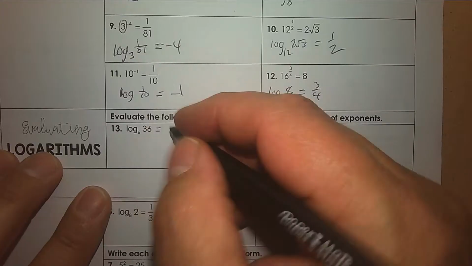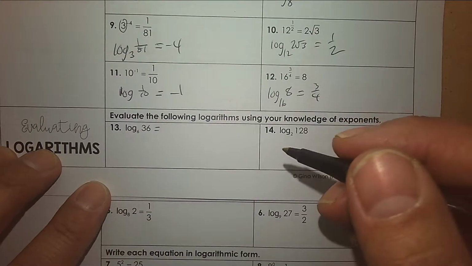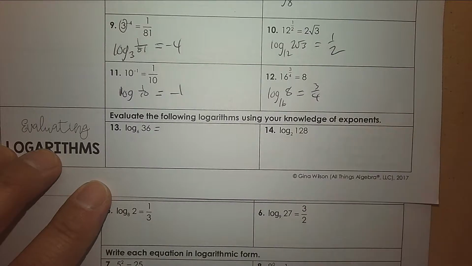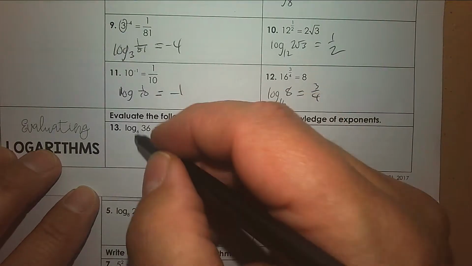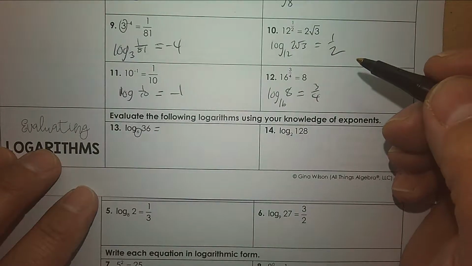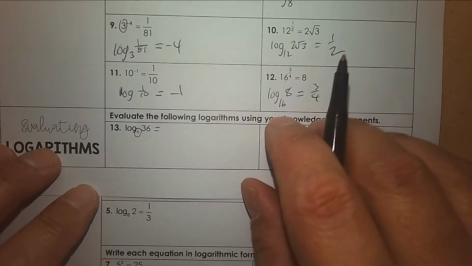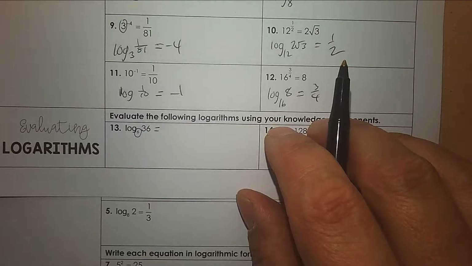Thomas, what exponent would make that true? What's the base? Oh, that's 6. I don't know the exponent, because when you evaluate a logarithm, you're looking for the exponent. But what's the answer? It's 36.